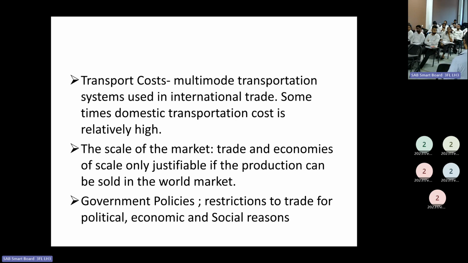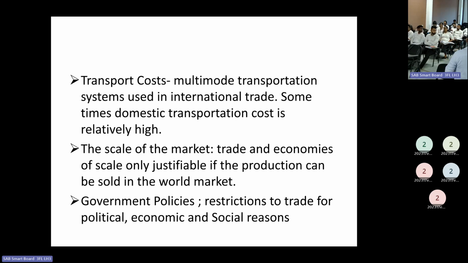Even though we talk about expanding the market and scaling the business, that is not always justifiable because some countries impose restrictions. Sometimes, because of political reasons, they impose limitations and ban exports from other countries.